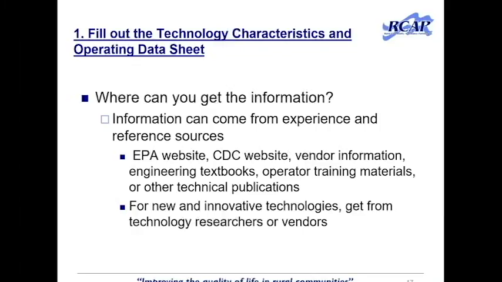And there are some technical publications out there that you can use to determine some of the finer details about a technology. Now, if you're working with a new or innovative technology, you may have to go to the researchers and talk to them about it, or to the vendors that are looking at promoting this particular technology to get your information.